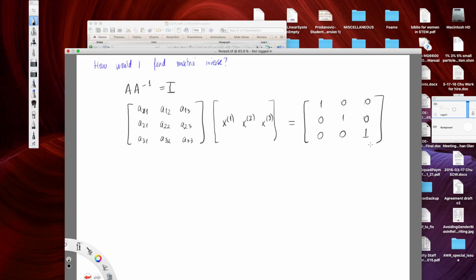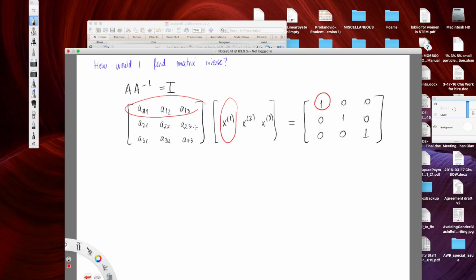So I know if I was just doing this multiplication here, the way I would proceed is I would take the first row of A and multiply it with the first column, right? And I'm going to get this position here, correct?